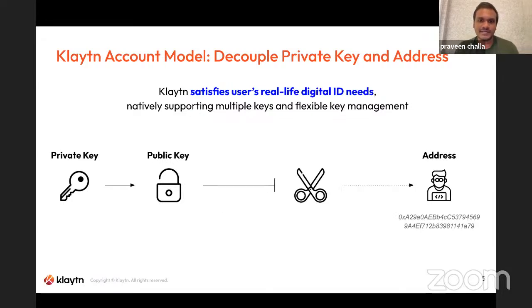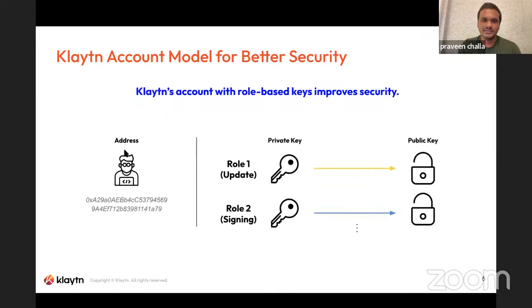Now, what if we decouple the key pairs from the address? It will solve many problems. Whenever we decouple it, we can even update the key pairs, and we also get more features. For example, we can have multiple key pairs for that address.